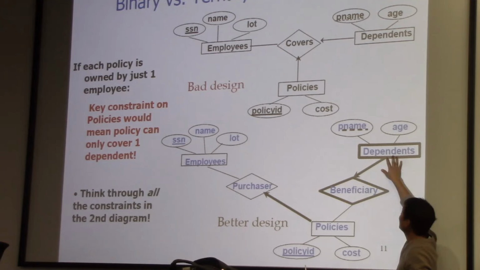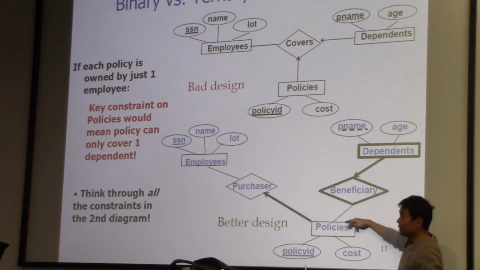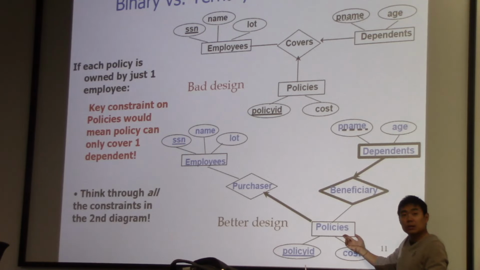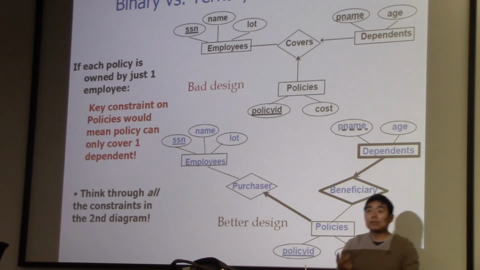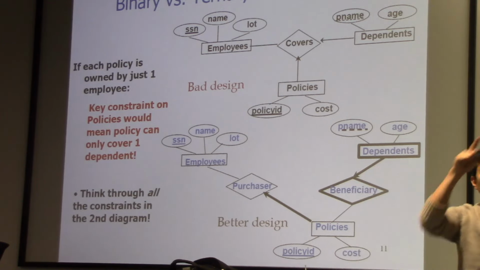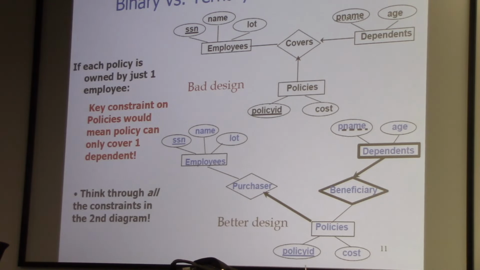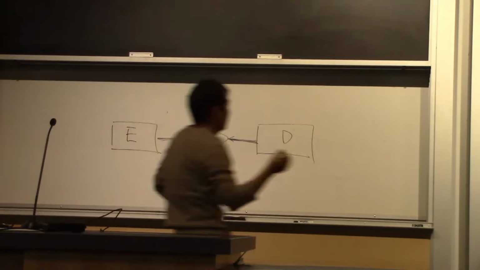So you have one-to-many mapping between employee and policy, one-to-many mapping between employee and dependent. So far, everything is good, but as soon as you have those two one-to-many mappings in place, some other person who looks at your design might get confused, because this design, which is not your intention, implies a one-to-one mapping between policies and dependents.